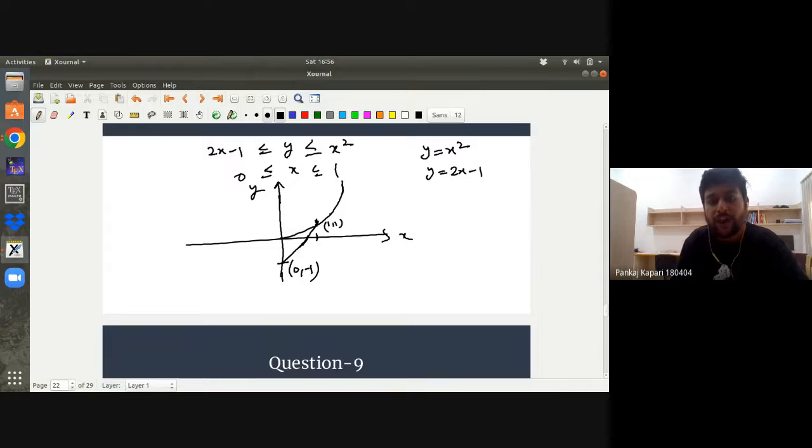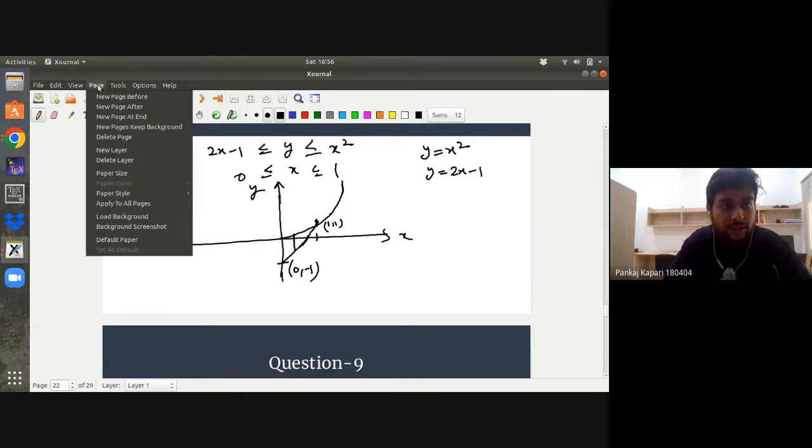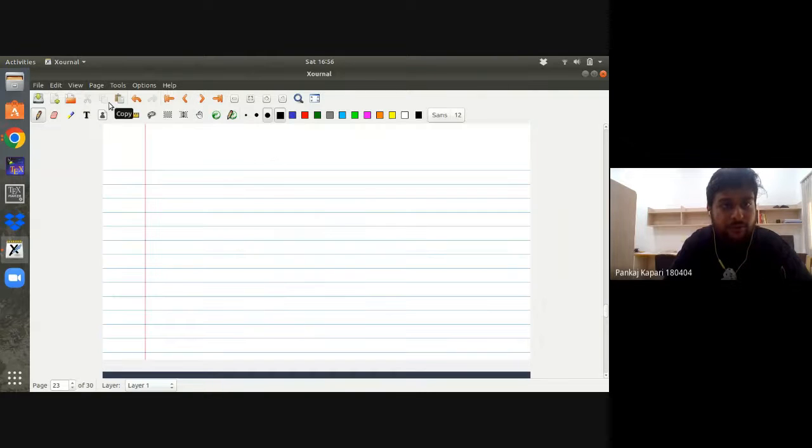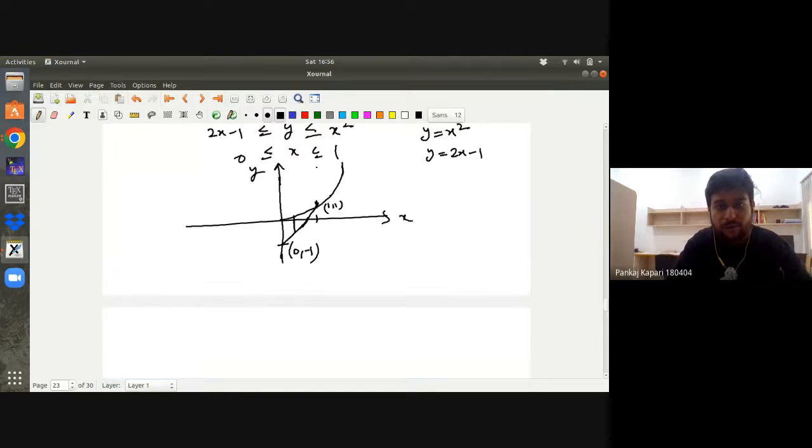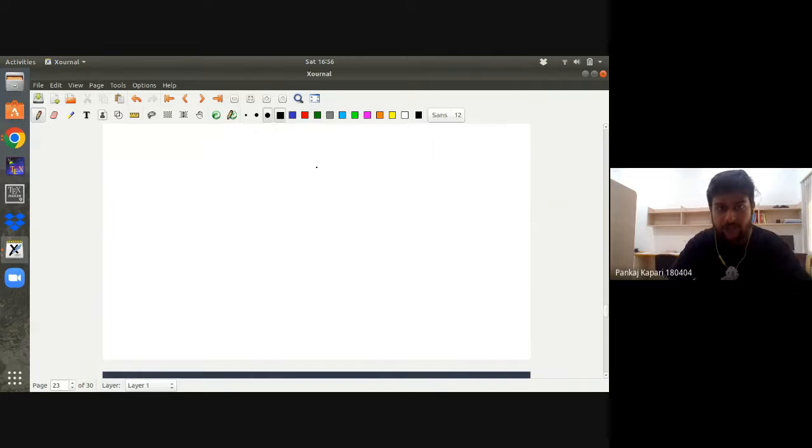Now our y varies. So when x is constant, y varies from the line 2x minus 1 to the graph x square. So this is our area of integration. Let me draw it clearly. So what is our area of integration?